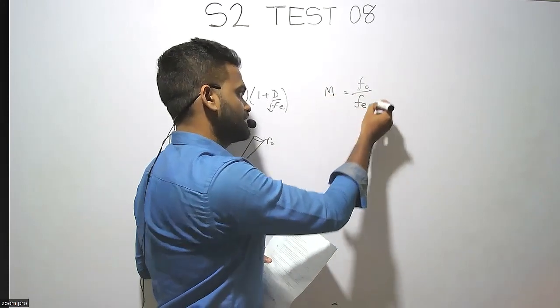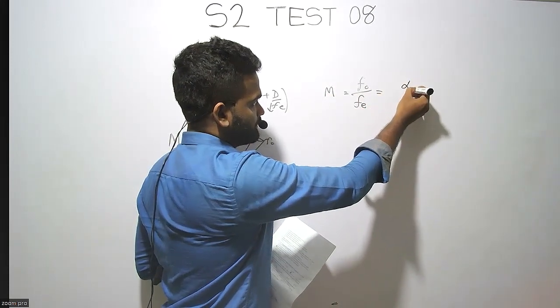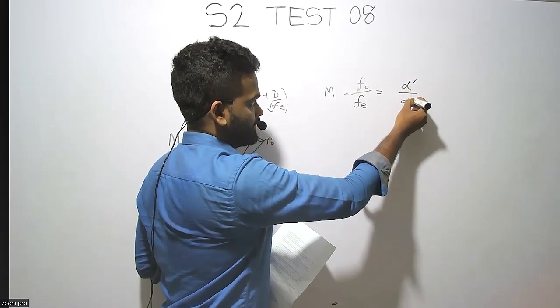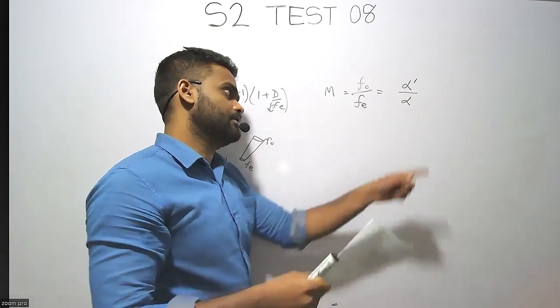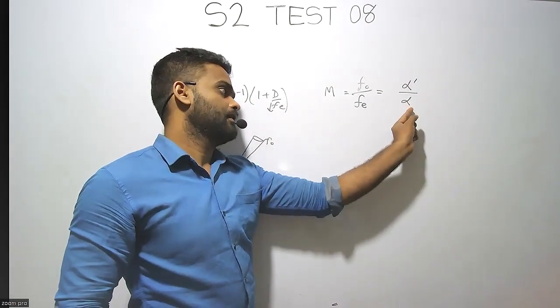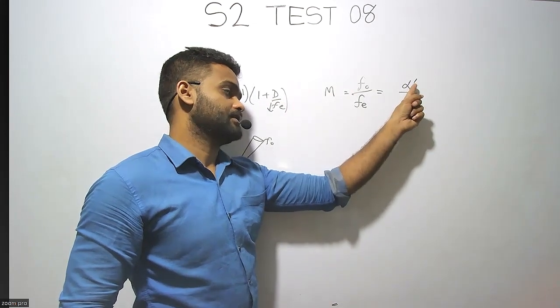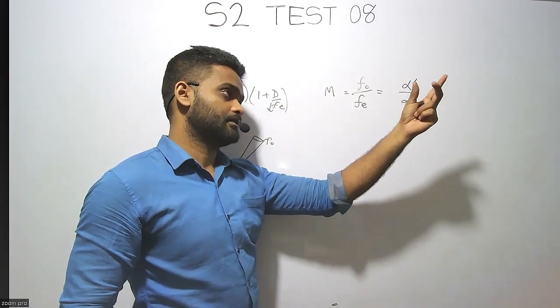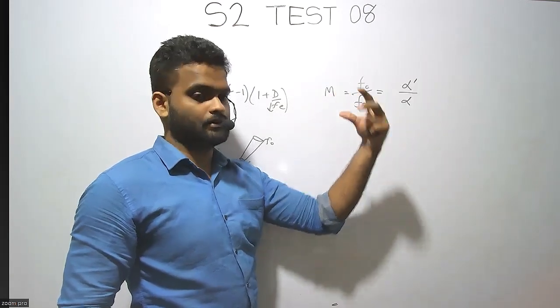This is angular magnification. So angular magnification also is equal to alpha dash divided by alpha. This alpha is the angle of vision when you see the object with the naked eye. This alpha dash is the angle of vision when you see the object through the telescope.